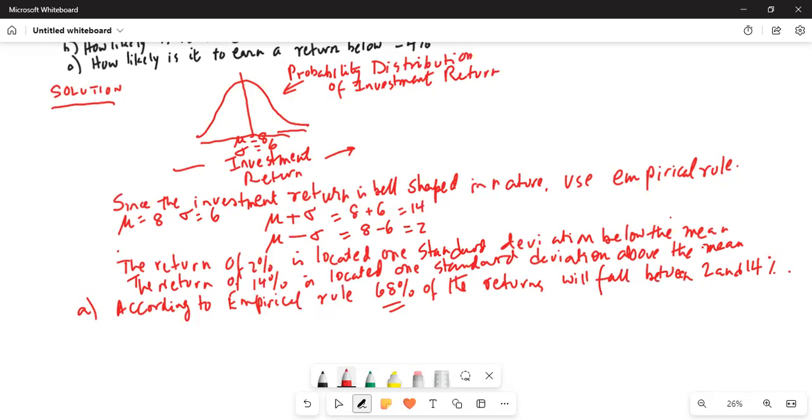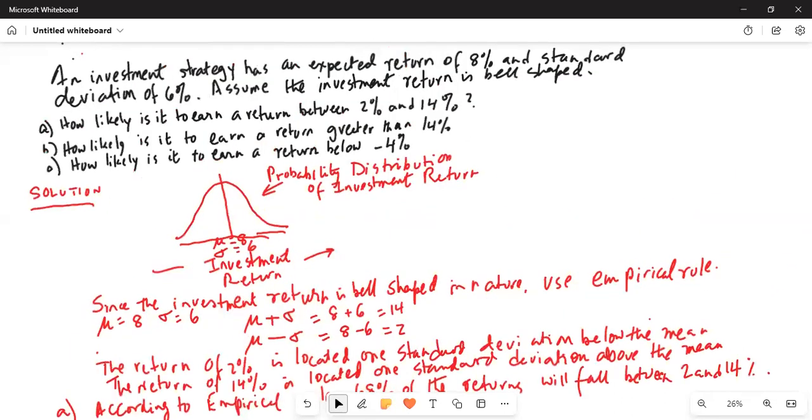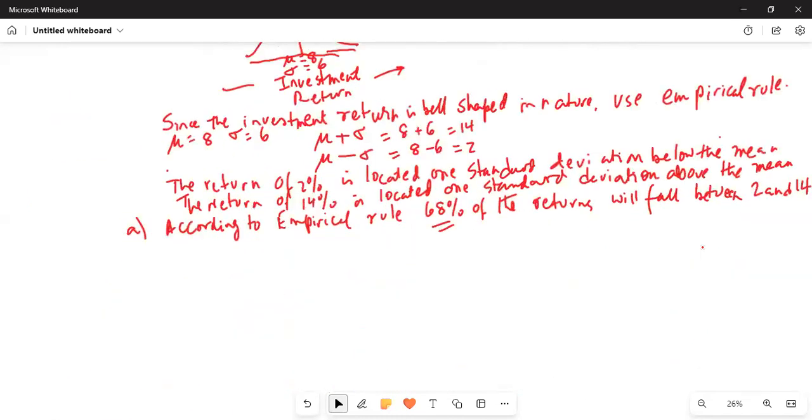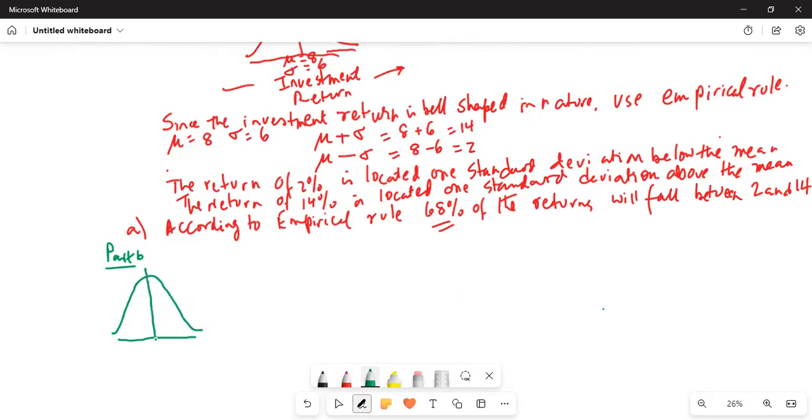Now part B, how likely is it to earn a return greater than 14%? Let me draw the picture for part B. Your mean mu is 8 and sigma is 6.